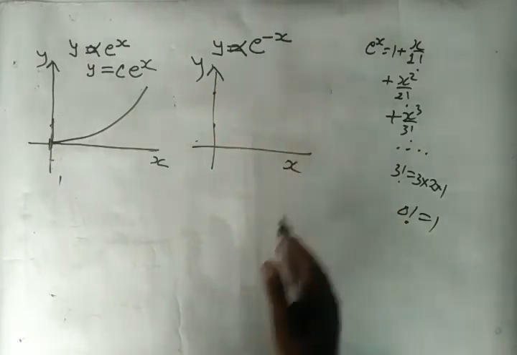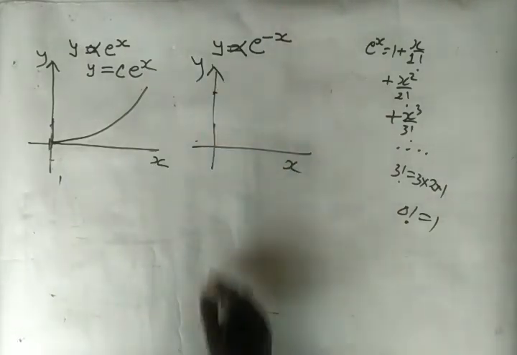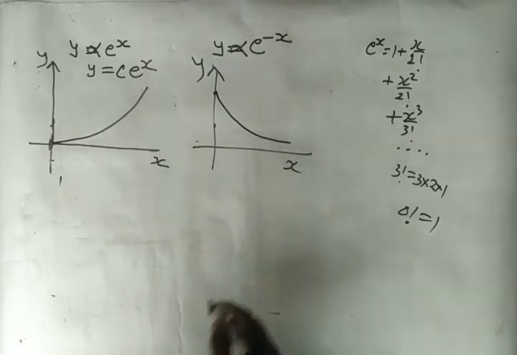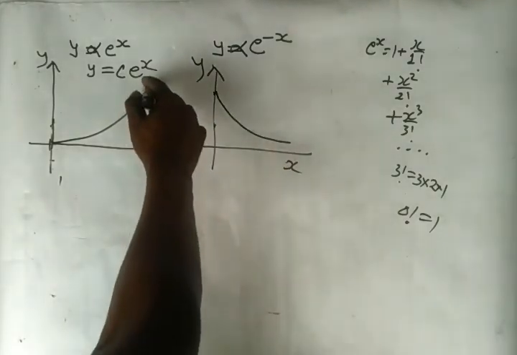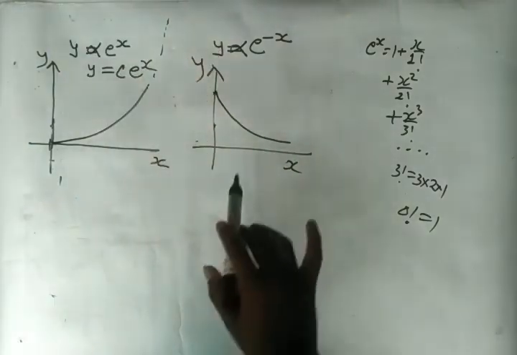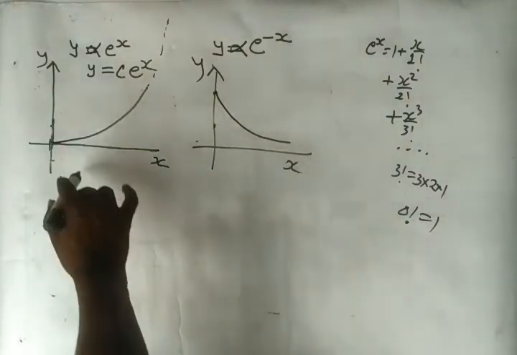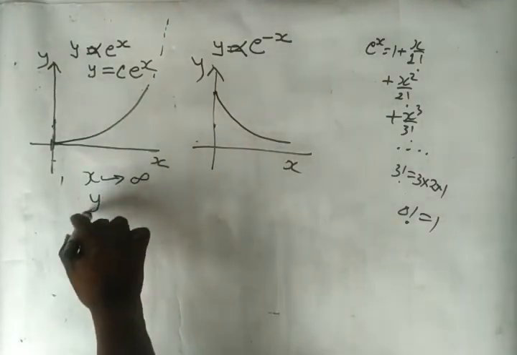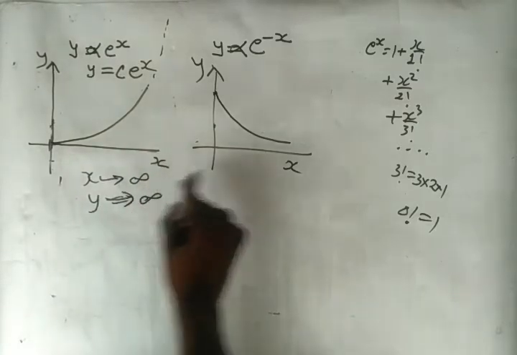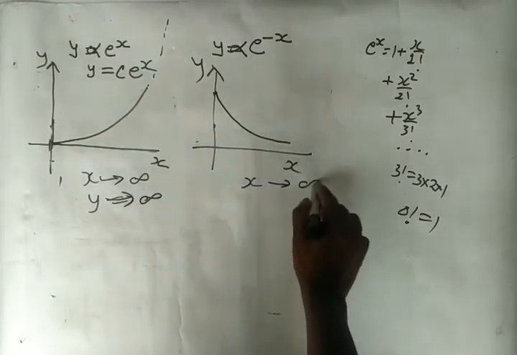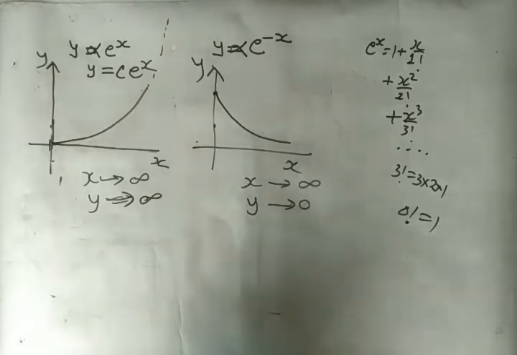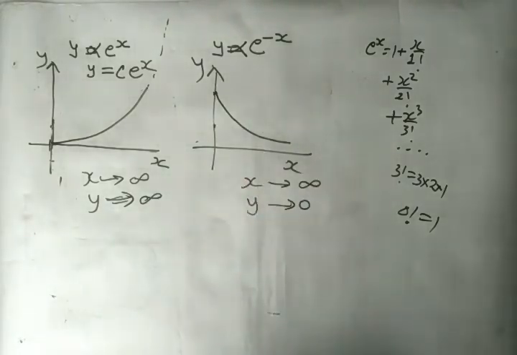And for the negative graph, it will have some initial value and then it goes on decreasing. So when x tends to infinity here, y also tends to infinity. And here, if x tends to infinity, y tends to 0. This is the difference between these graphs.